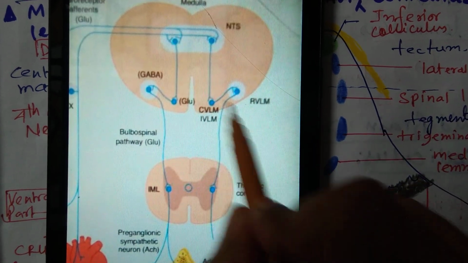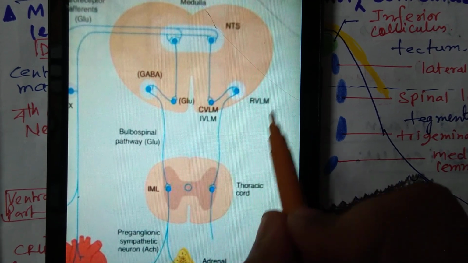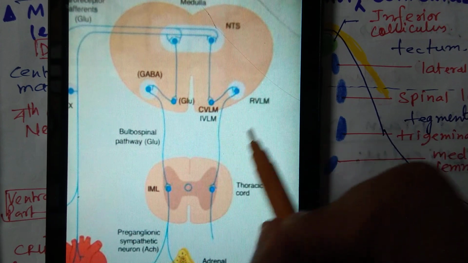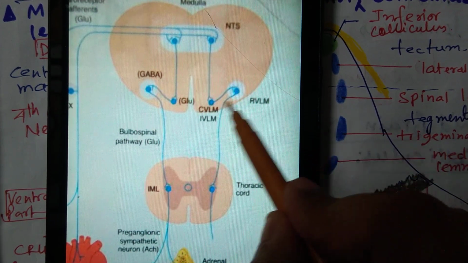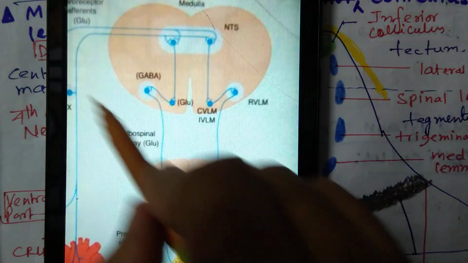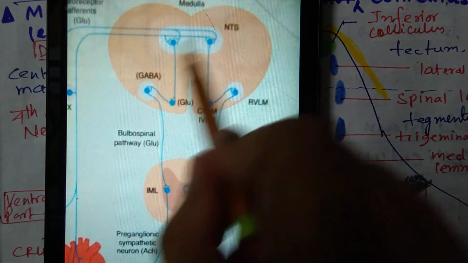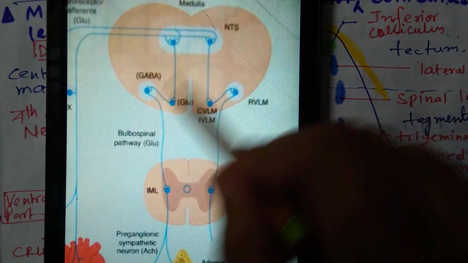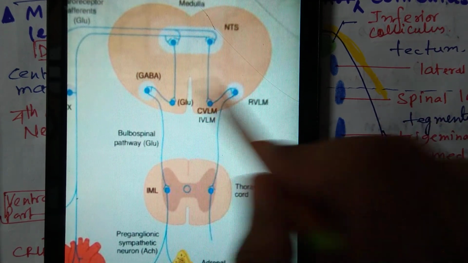CVLM is also called the caudal ventrolateral medulla. And what is RVLM? RVLM is the rostral ventrolateral medulla. So in our medulla oblongata there are various regions, and they are all involved in our blood pressure regulation.